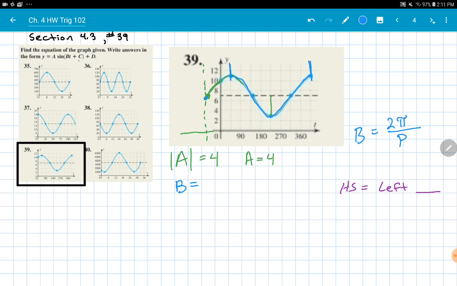So that distance is 45 to, each one of these tick marks is 45. I know that because I split the 90 in half to get that first one. So this tick mark would be 405. So 405 minus 45 tells me that the width of this whole cycle is 360.